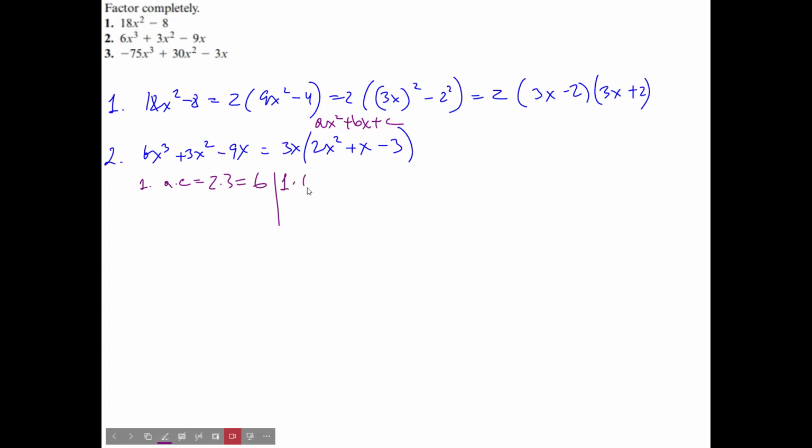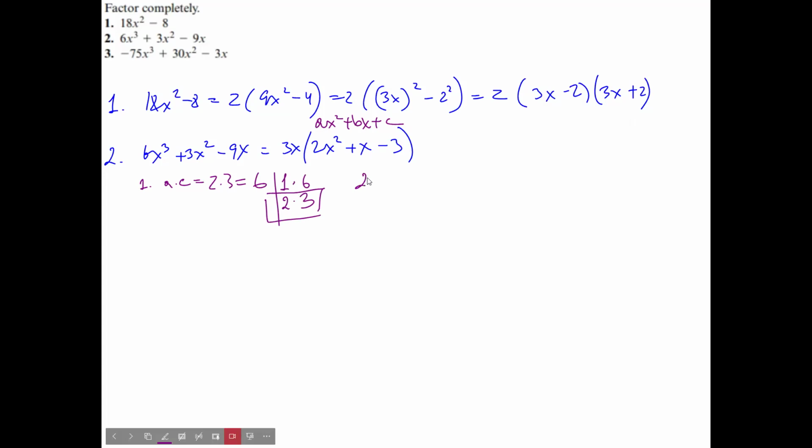First and obvious is 1 times 6. Can I use 1 and 6 to create 1 using addition or subtraction? No. So second, 2 times 3. Can I use 2 and 3 to create 1? Yes. So 2 and 3.